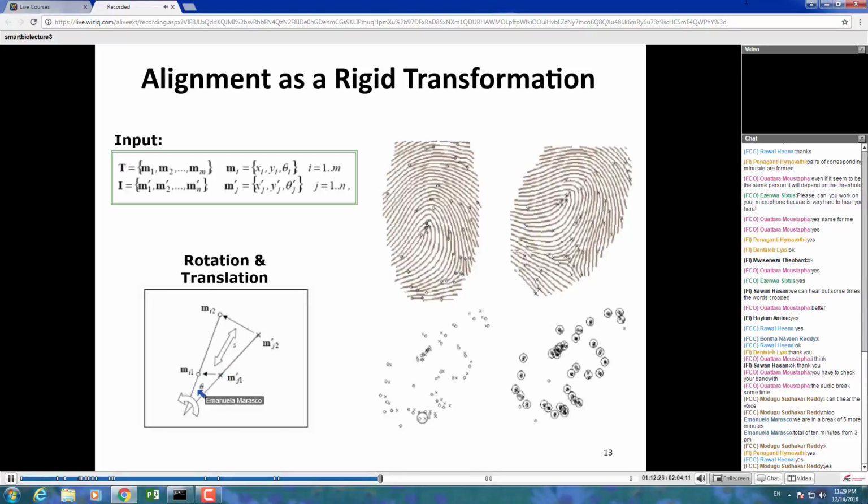Now, the goal is to project the points into the same coordinate system, where we don't have different placements. We apply rotation and translation to this set so that they can be compared, paired and matched.